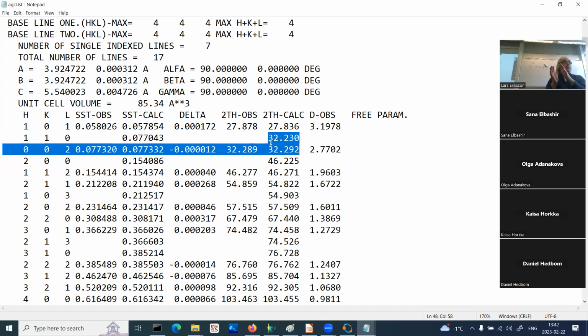This so-called error window is adjustable. You can set it also with some keyword. There is nothing wrong in a way. It just informs you that there is a 110 reflection close by, but 002 is closest.